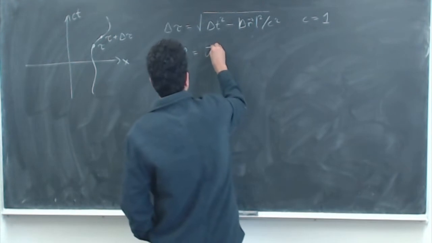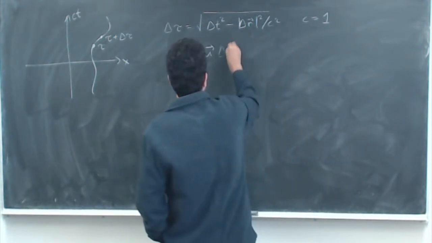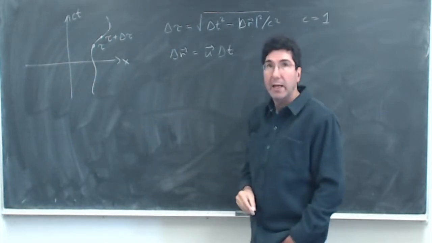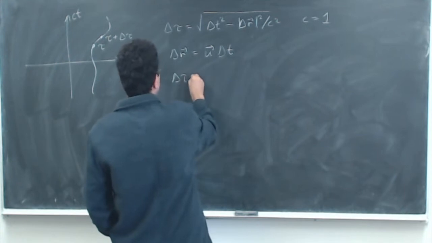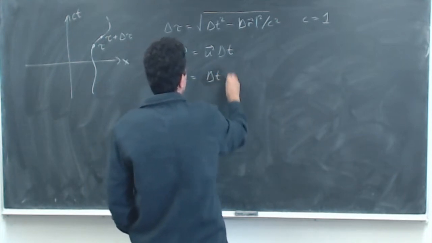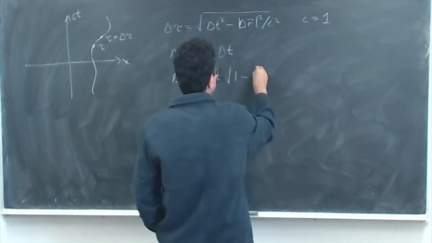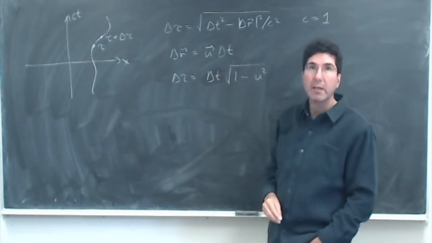And so we'll denote the ordinary 3-velocity by u. So this is u delta t. If we plug this in, what we get is that delta tau is equal to delta t times the square root of 1 minus u squared.